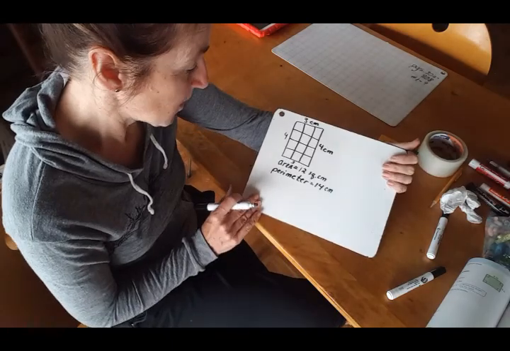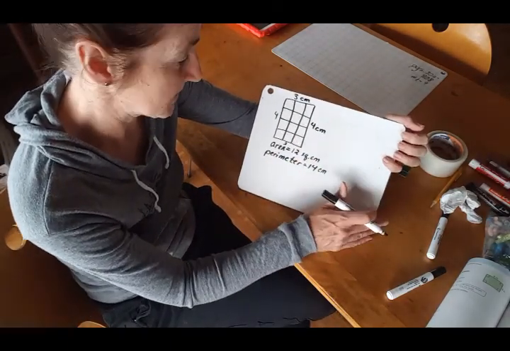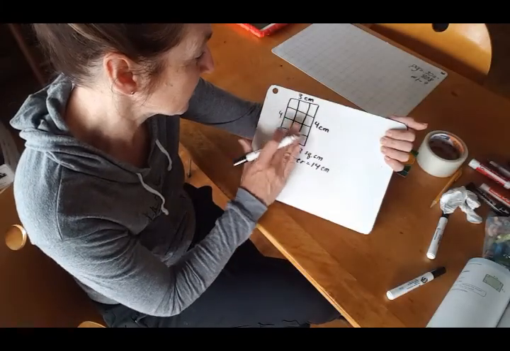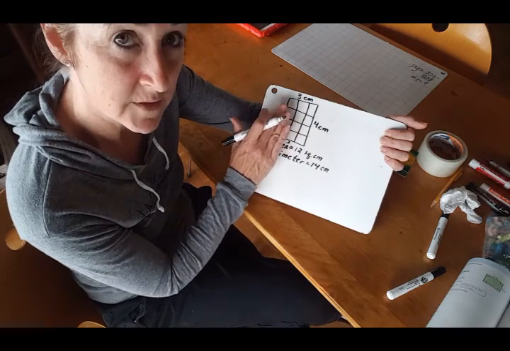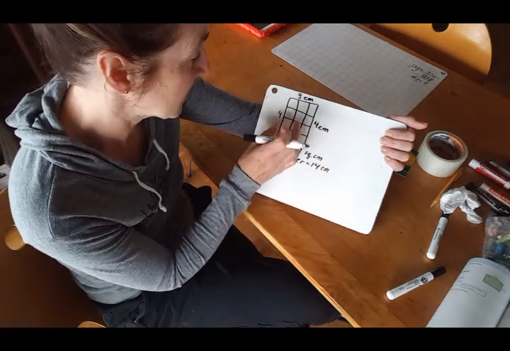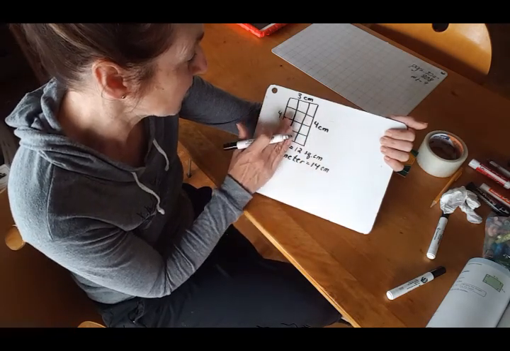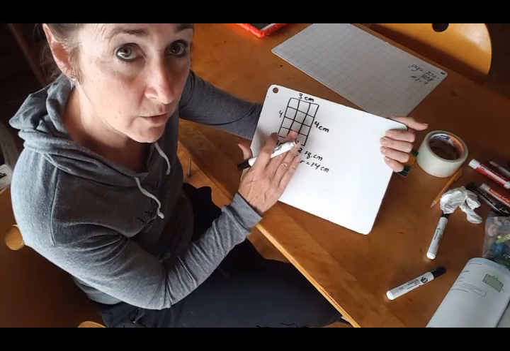Okay? So what if we wanted to create another, brand new rectangle, but we want to arrange the square centimeters differently. We want to have the same area, but a different perimeter, which means we're going to take these squares and create a different rectangle, but use them all, okay?